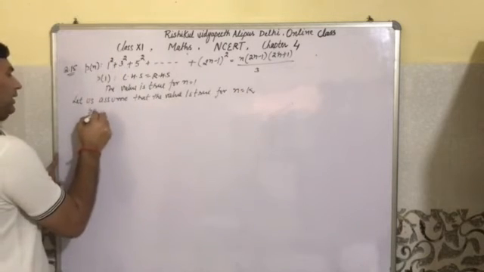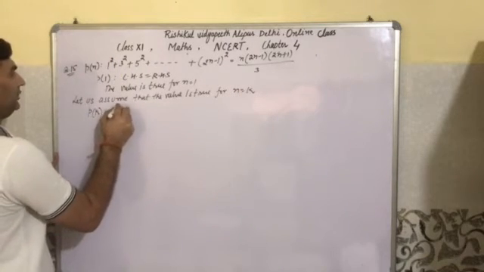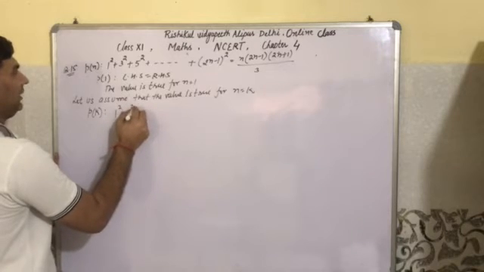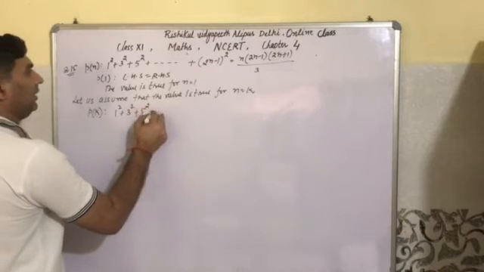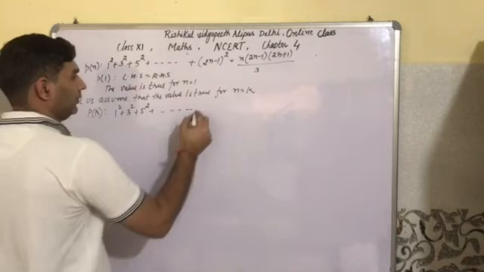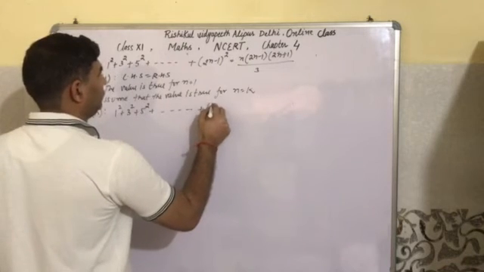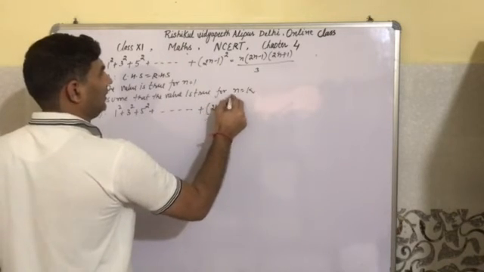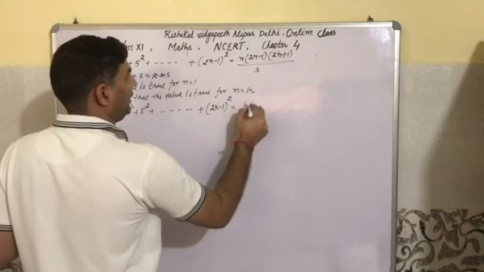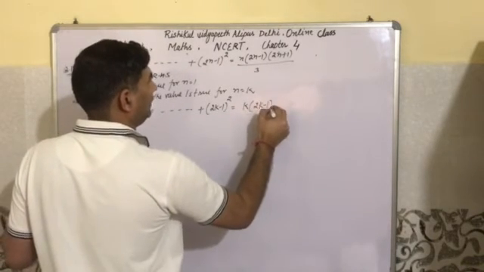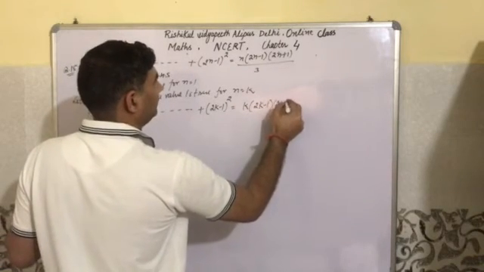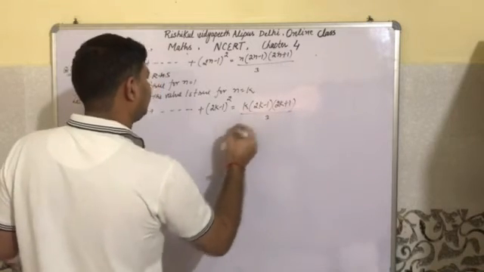Then P of k: 1 square plus 3 square plus 5 square and so on up to plus 2k minus 1 square is equal to k, 2k minus 1, 2k plus 1 upon 3.